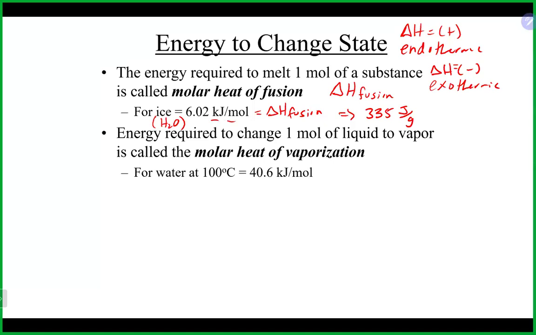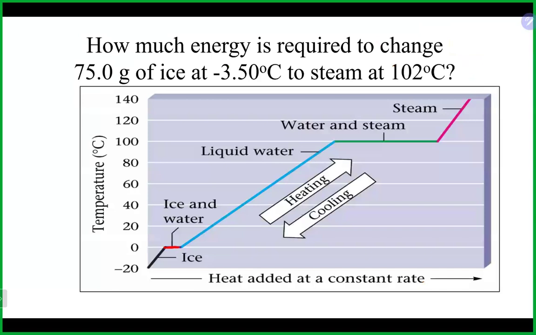The energy required to change a mole of liquid to vapor, the transition from liquid to gas, or gas back to liquid. By the way, the heat of fusion here is the transition from solid to liquid, or liquid back to solid. That also requires a certain amount of energy. And for example, this is for water.